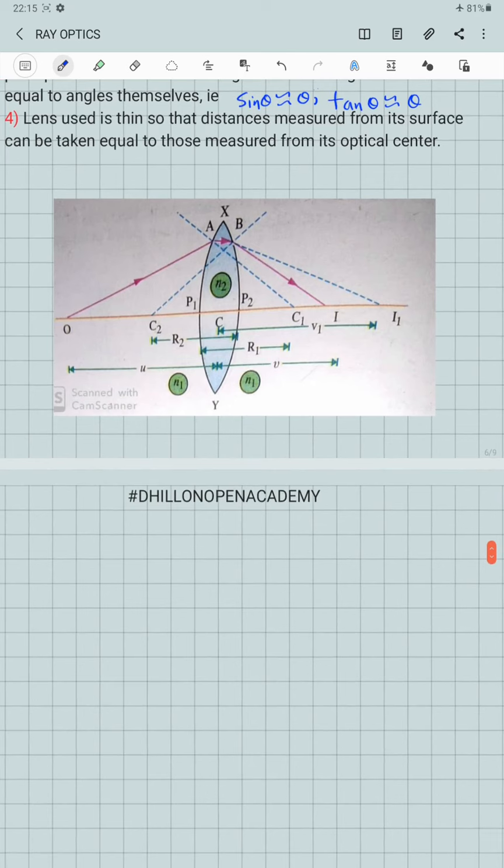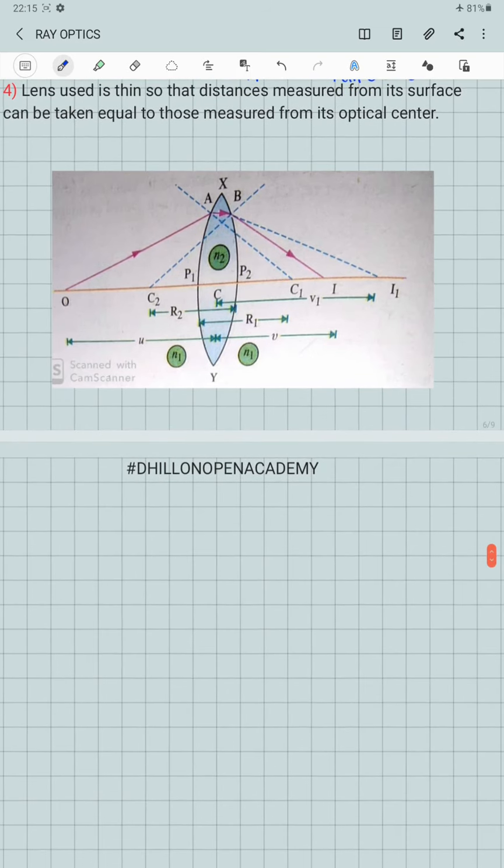We have already derived this relation for the refraction at convex spherical surface. So for this we can write down this formula directly, which will be N2 over V1 minus N1 over U equal to N2 minus N1 divided by R1. This will be our first equation.